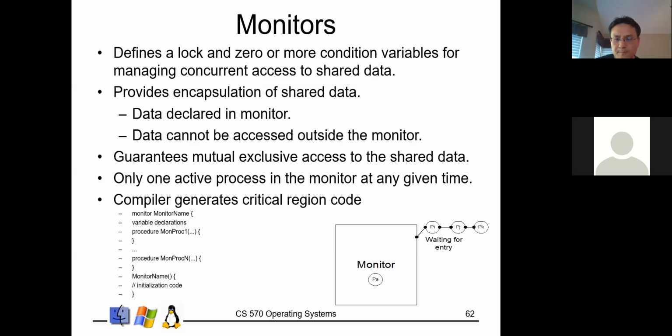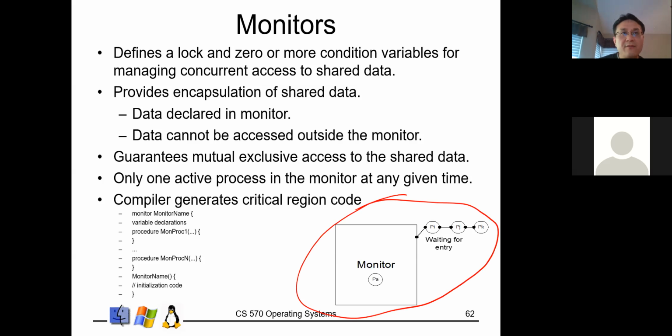As I have a small picture here, essentially, a monitor is like a class. A class has data and operations. All the operations in a monitor are like critical sections.